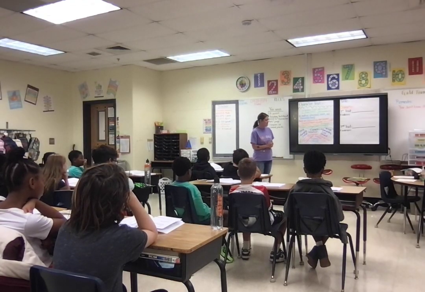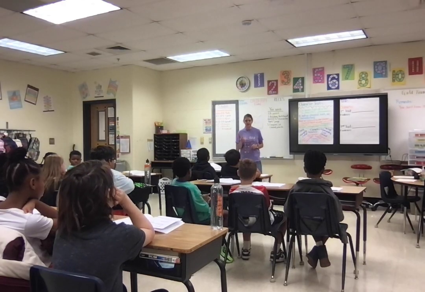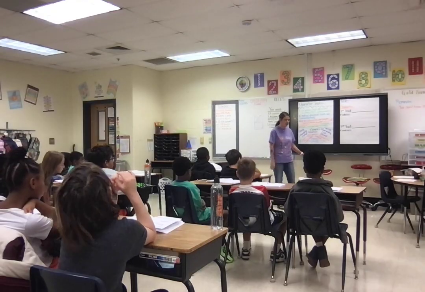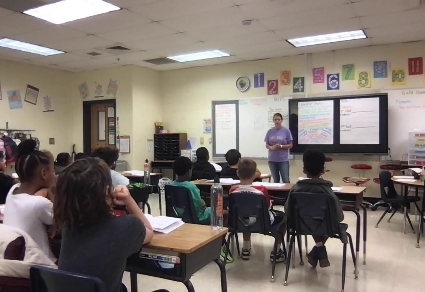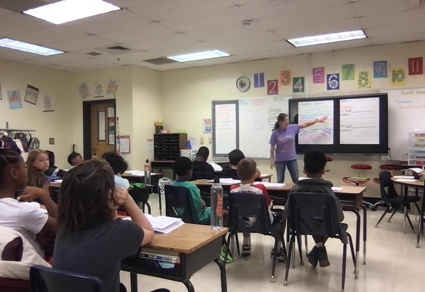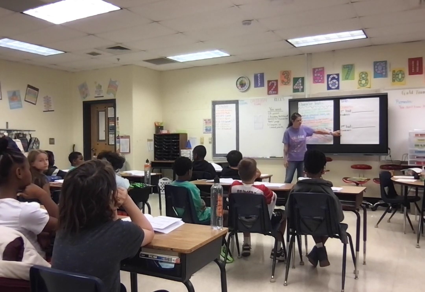So for today's activity, I'm going to read you two books. The first book is Stand Tall, Molly Lou Mellon. So I'm going to read the book to you, and then we're going to fill out this chart right here together.